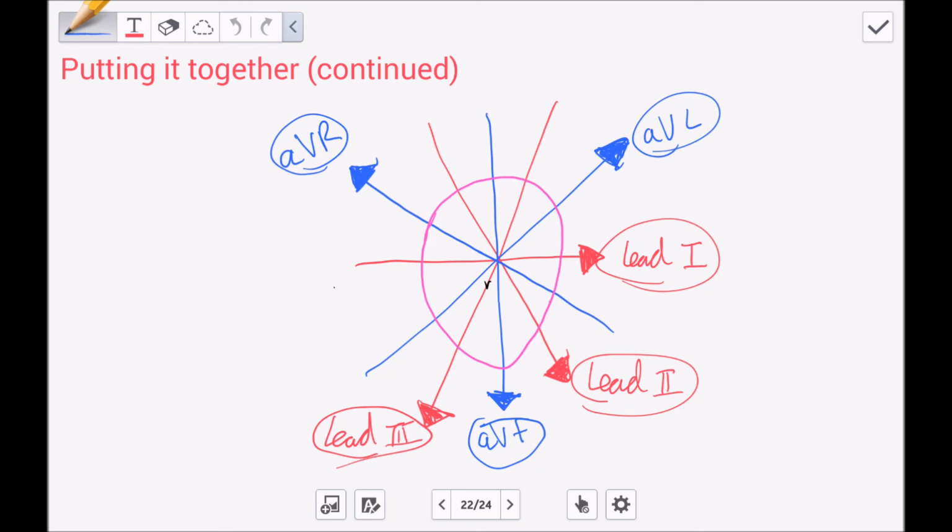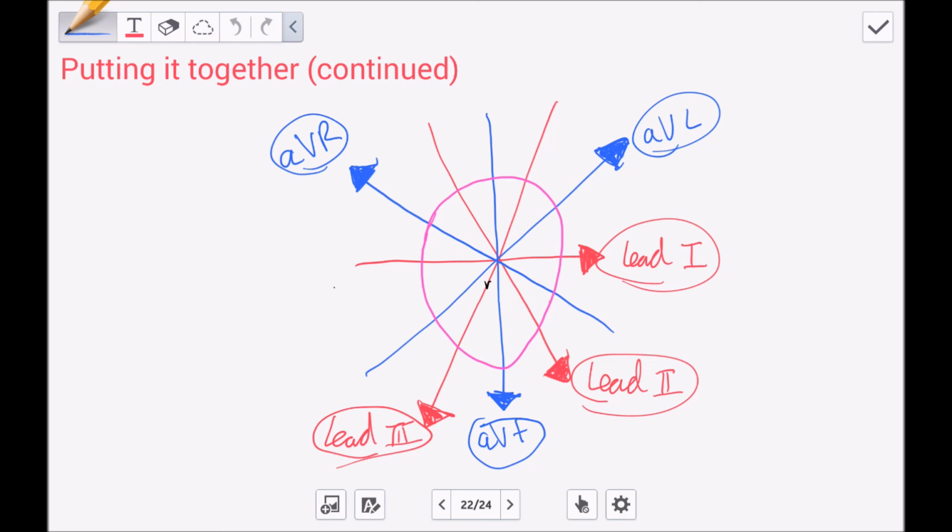Remember the 3 coronary arteries of the heart, right? We have a coronary artery on the right side, the right coronary artery. We have the circumflex artery, and we have the left anterior descending arteries, right?